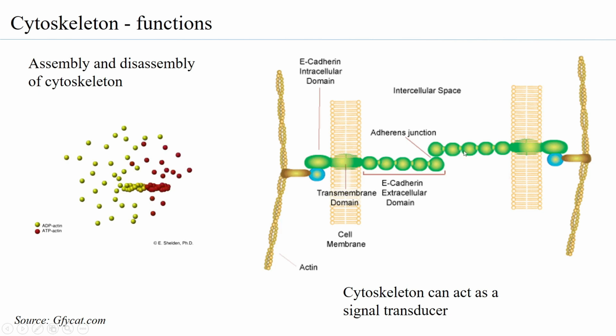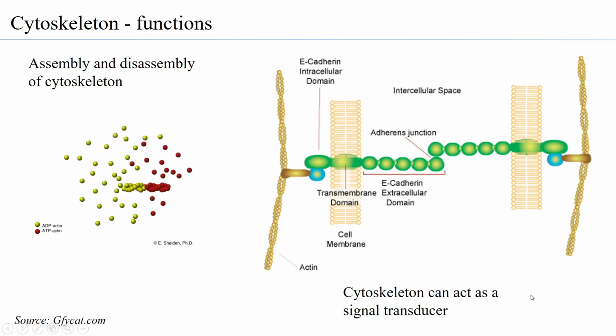So there is cell-cell interaction, but recognition of the cell-cell interaction is happening because you have the intracellular domain of the cadherins attached through two different proteins to actin filament. And this actin filament changes its conformation when the cadherin on the outside is binding to this cadherin. So that change in conformation of the actin is going to induce other changes inside the cell to give rise to a physiological response, and therefore cytoskeleton also can act as signal transducers.